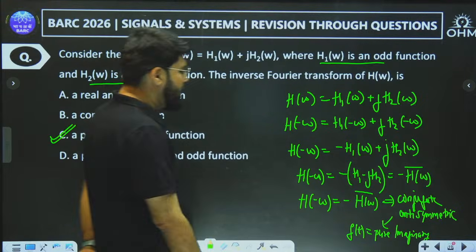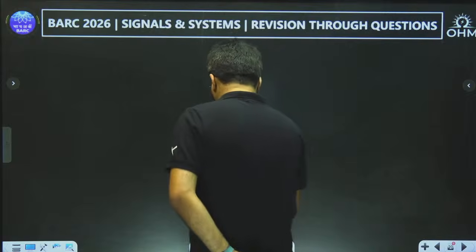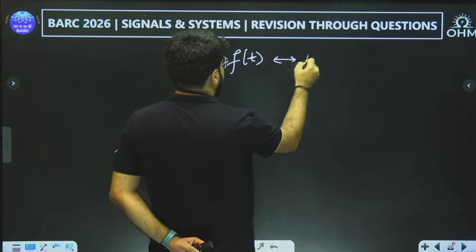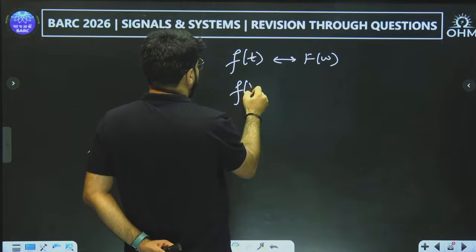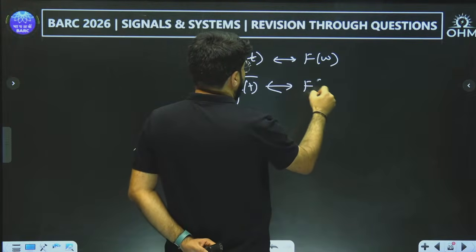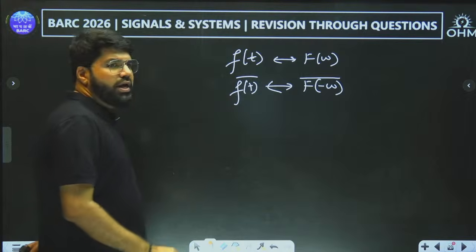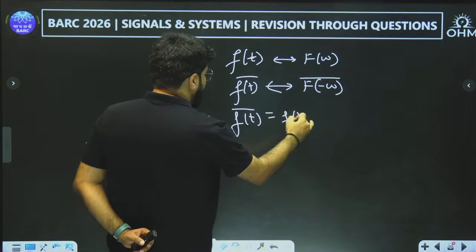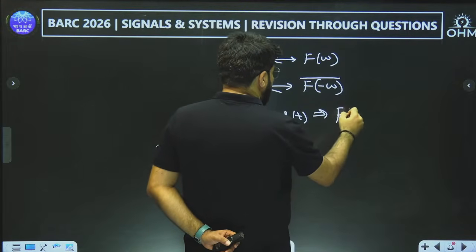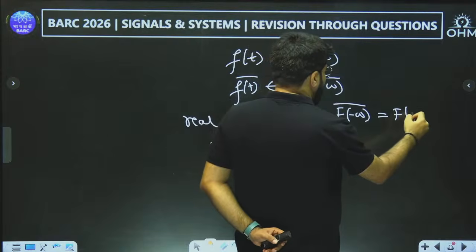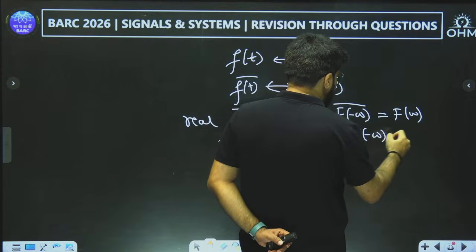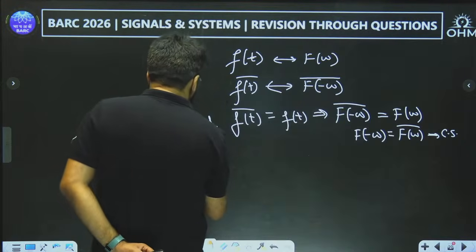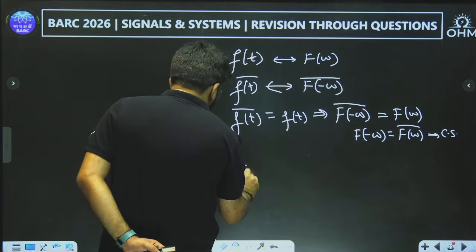Conjugate antisymmetry. For both the previous discussion and this discussion, the basic fundamental required is: if f(t) has the Fourier transform F(omega), f conjugate of t has the Fourier transform F(minus omega) whole conjugate. When you talk about a real signal, the conjugate and the signal are same. F conjugate t equal to f(t). That means F(minus omega) conjugate equal to F(omega), or I can write this way, F(minus omega) equal to F(omega) whole conjugate. This was conjugate symmetry. If a signal is imaginary, what is the property of any imaginary value?